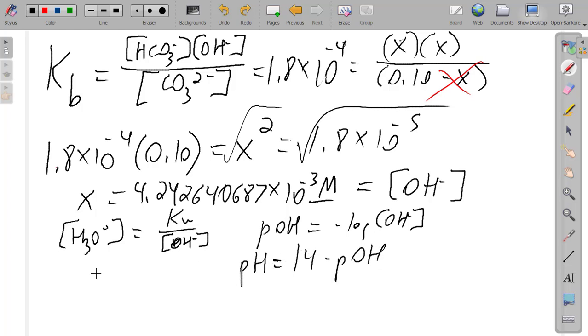Either way, you've got these two ways that you could solve this problem, and it doesn't matter which way you do it. Right? Okay. So we're going to get the same answer regardless. So let's go ahead and go with the pOH method.